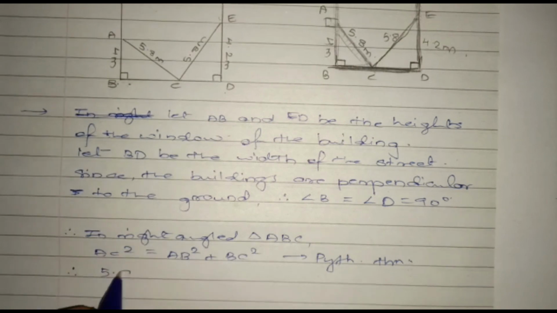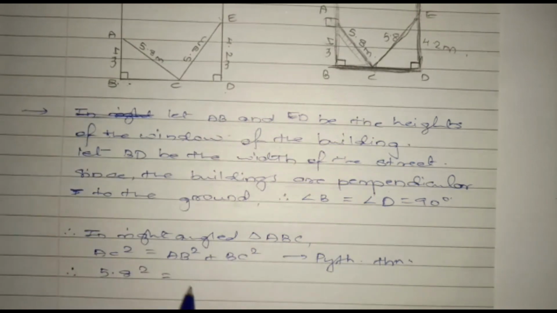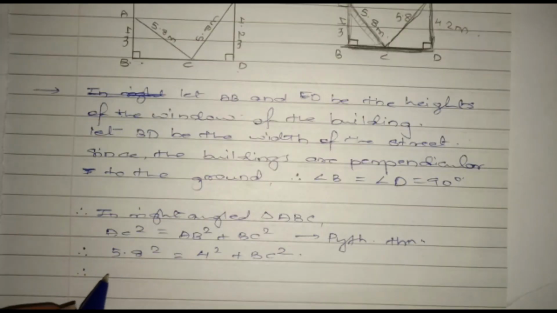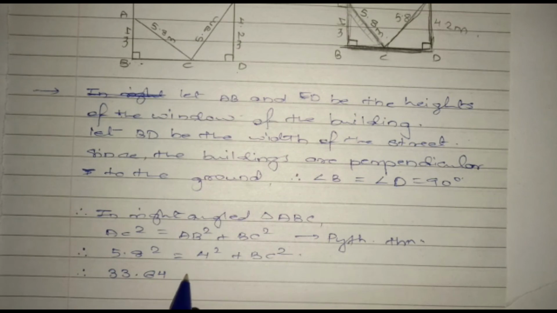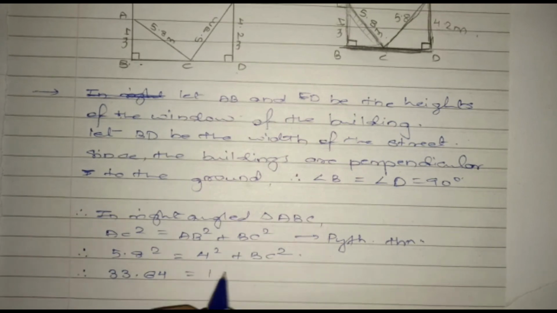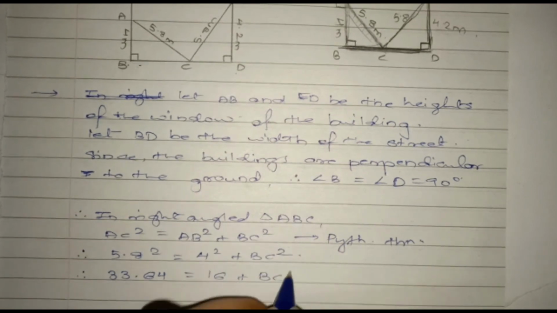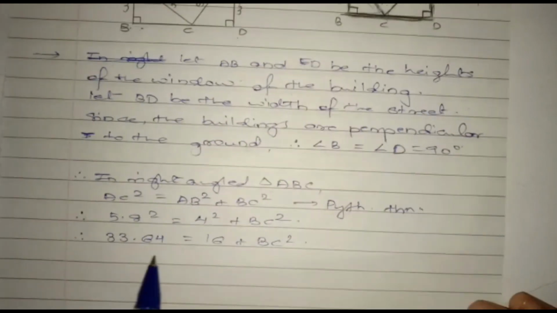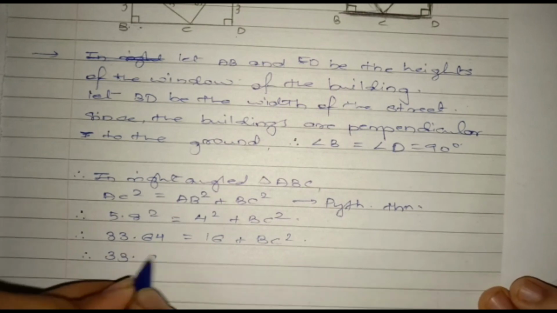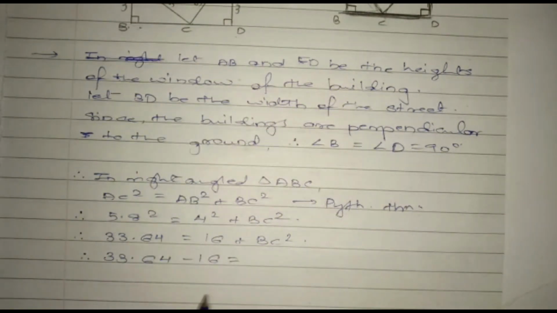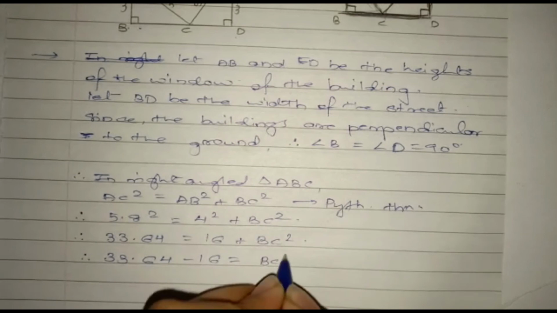AC is 5.8, so 5.8 square is equal to 4 square plus BC square. The square of 5.8 is 33.64, which equals 16 plus BC square. Therefore 33.64 minus 16 is equal to BC square.